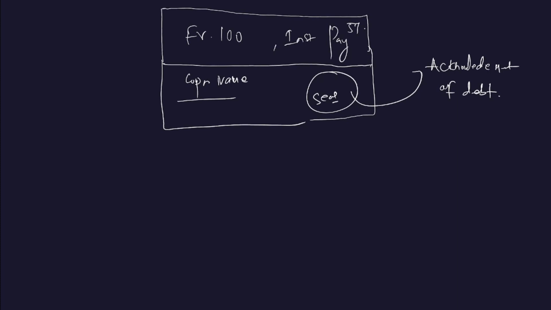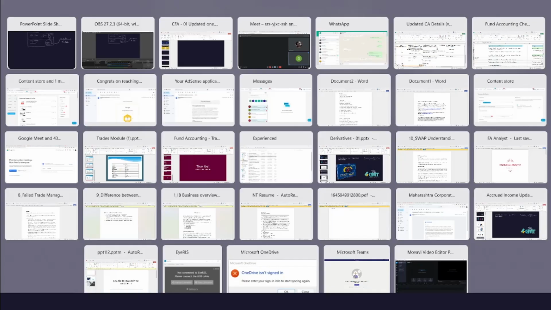It's an acknowledgement which you can claim against if we deny the payment in future. Right? And if you want to see how bonds look, I'll show you that as well.